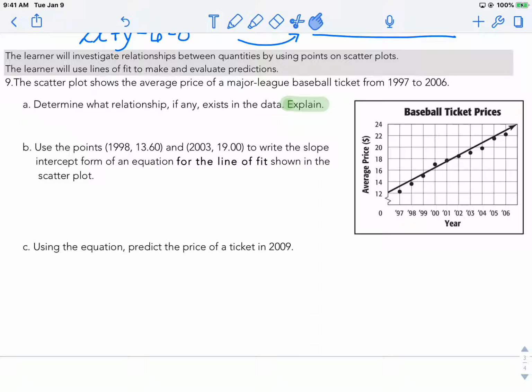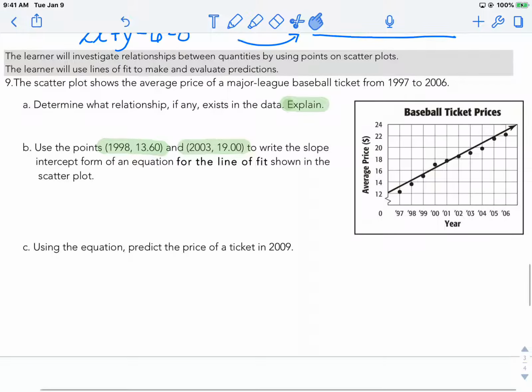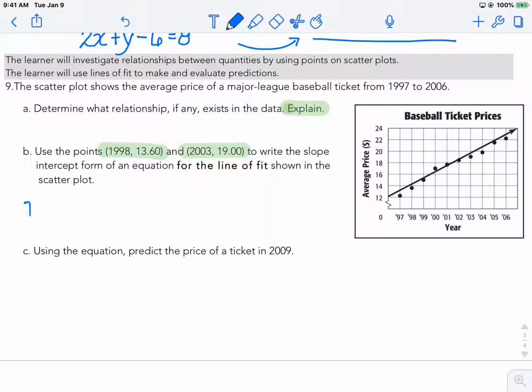Then in part B, they give you 2 ordered pairs and expect you to write an equation for the line of fit. They didn't tell you the form, but I would strongly suggest getting it into either point slope or slope intercept. So the first thing you'd want to do is go calculate the slope, and you're going to need to calculate it because the graph isn't accurate enough to count it. So you're going to want to go label your x1, y1, and your x2, y2.